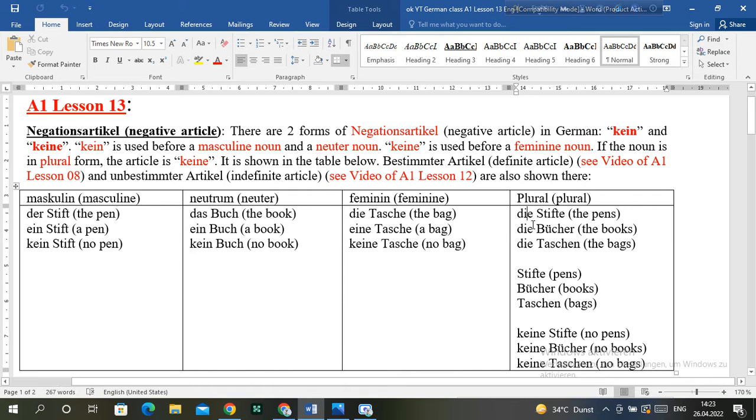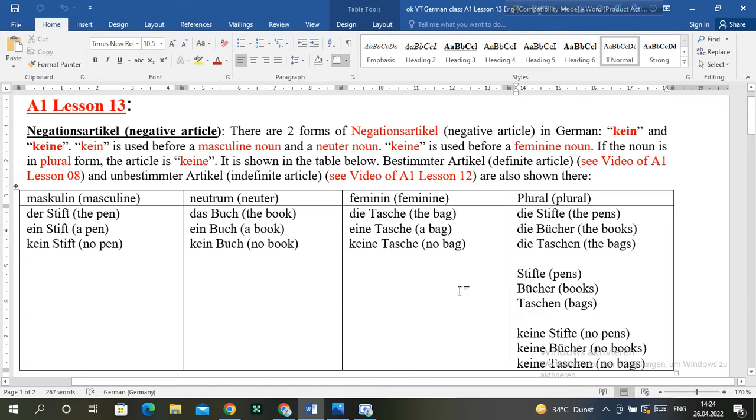But if the noun is in the plural form, the definite article, bestimmte article, as we have already seen in lesson A1, lesson 8, is always die. Die Stifte, the pens, die Bücher, the books, die Taschen, the bags.